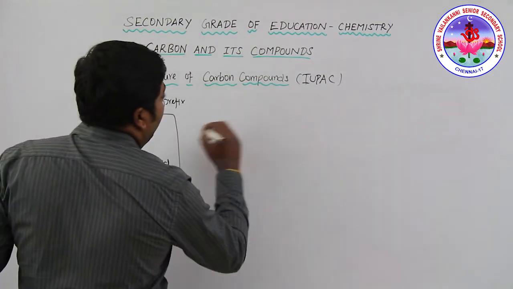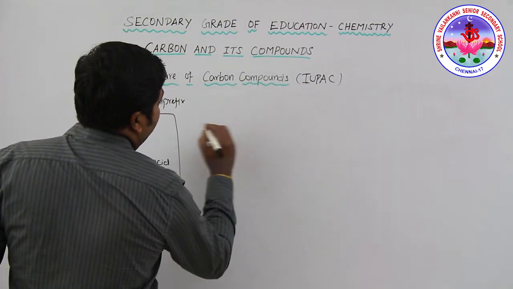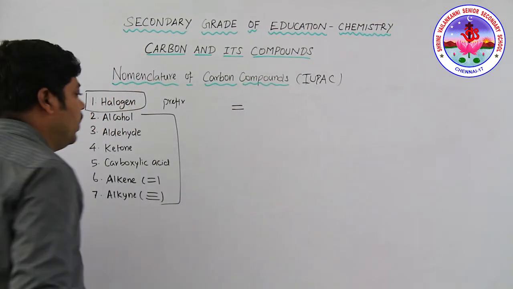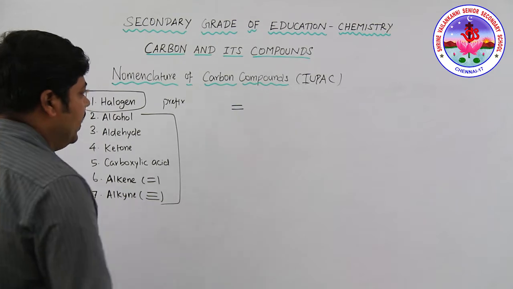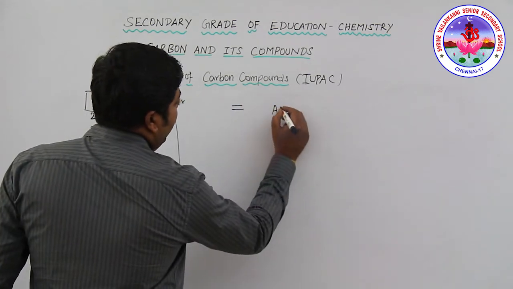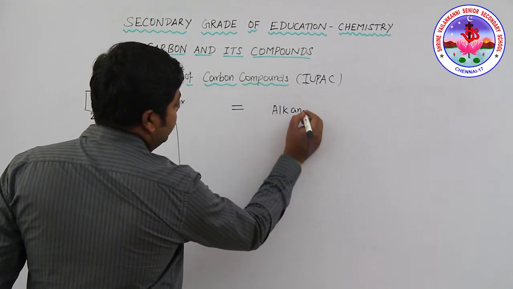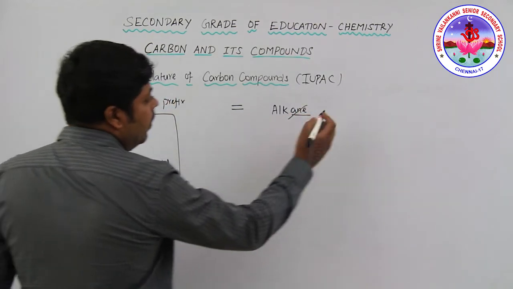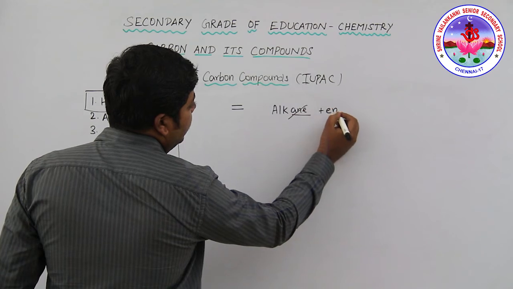Next are alkene and alkyne, the double bond and the triple bond. In the case of the alkane, you remove the last three letters. If a double bond is present, you write ENE.